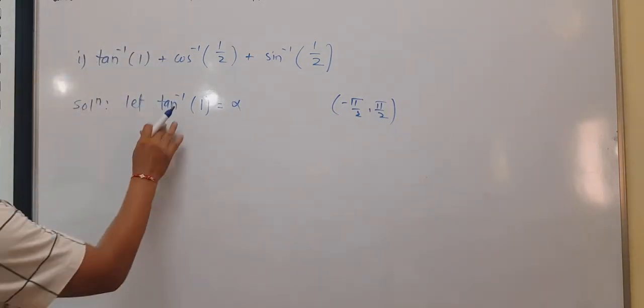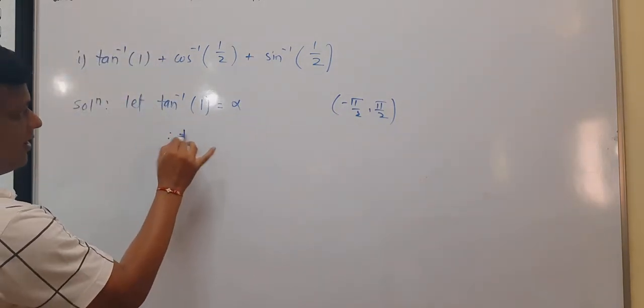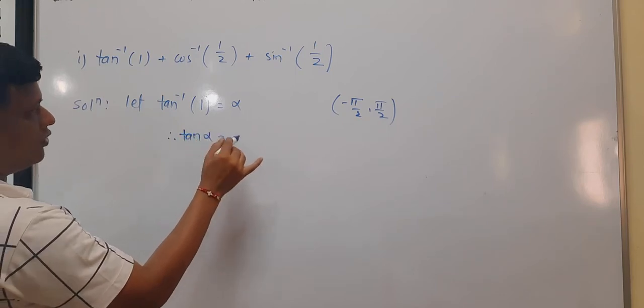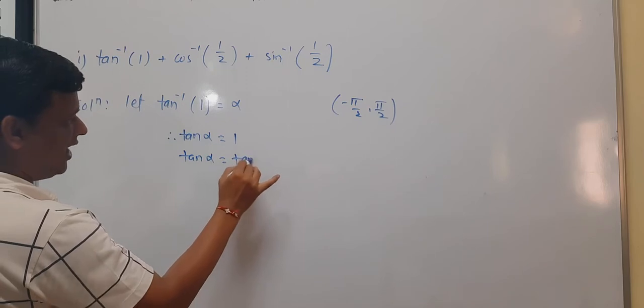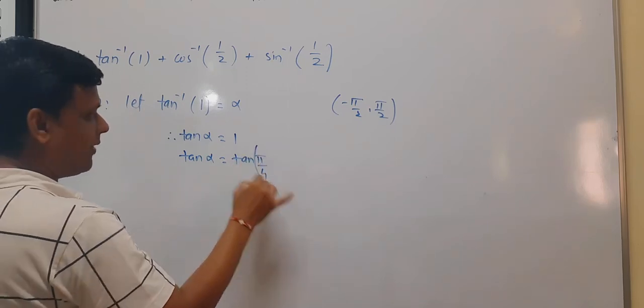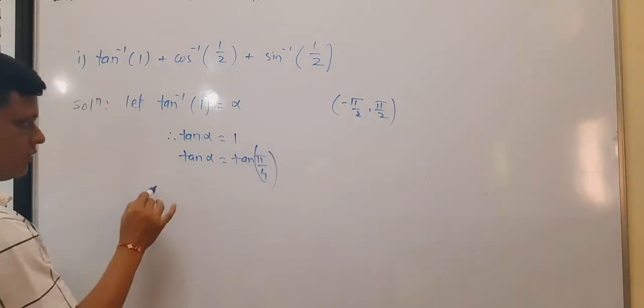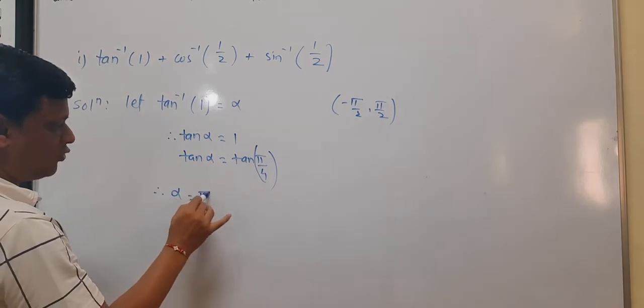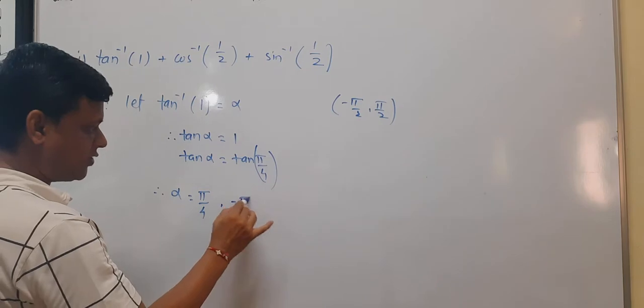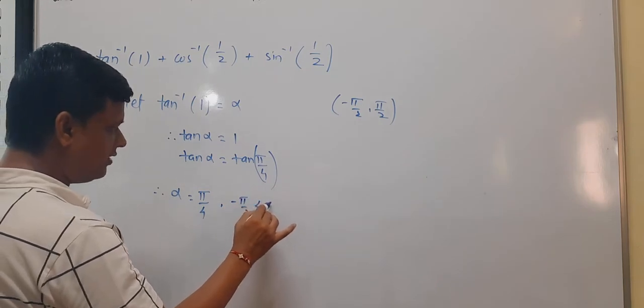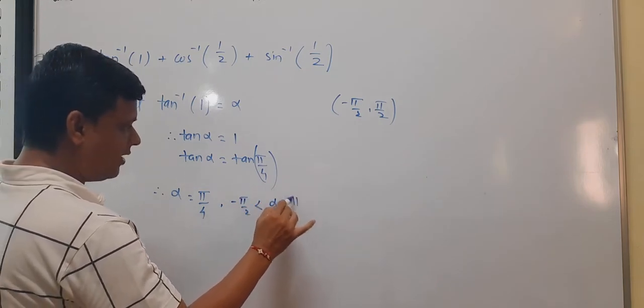Tan inverse of 1 equals alpha, therefore tan alpha equals 1. Tan alpha equals tan pi by 4, because tan pi by 4 is 1. So alpha equals pi by 4, and minus pi by 2 strictly less than alpha strictly less than pi by 2.